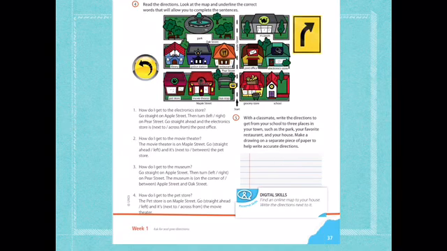Okay, so we have page 37 here, and in page 37 we have read the directions, look at the map, and underline the words that will allow you to complete the sentences. Now, we have this street here, and the main street here, it's the Apple Street. What an interesting name, huh?